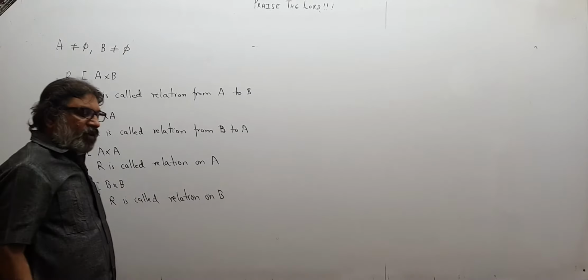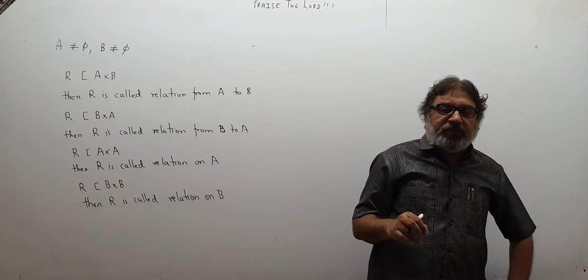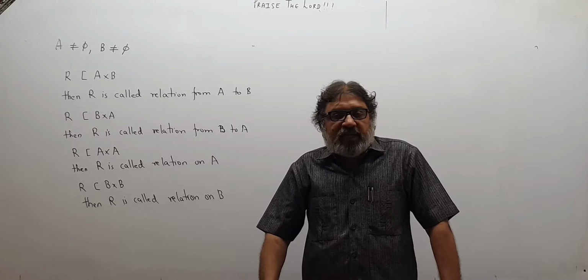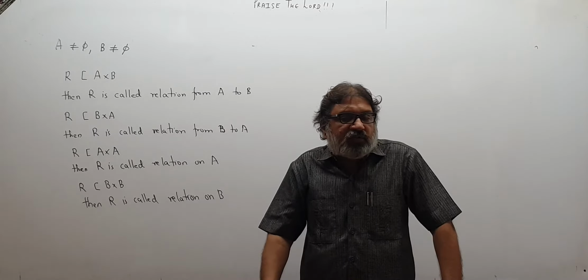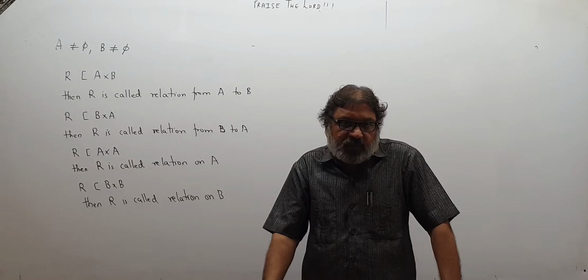So relation from A to B will be what? It will be any subset of A cross B. Relation from B to A will be any subset of B cross A. Relation on A means subset of A cross A. Relation on B means subset of B cross B.